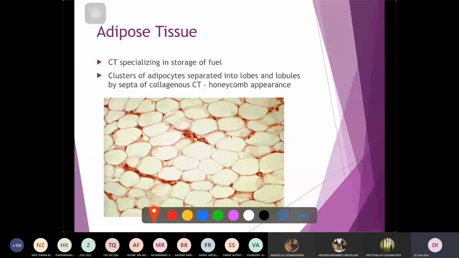A lot of collagen fibers put together form septa that divide your adipocytes into lobes or lobules. Each one is an adipocyte that appears empty with the nucleus pushed to the side, because the lipid is washed away during preparation of the slide. This is the white adipose tissue, unilocular, which stores lipid in one droplet.